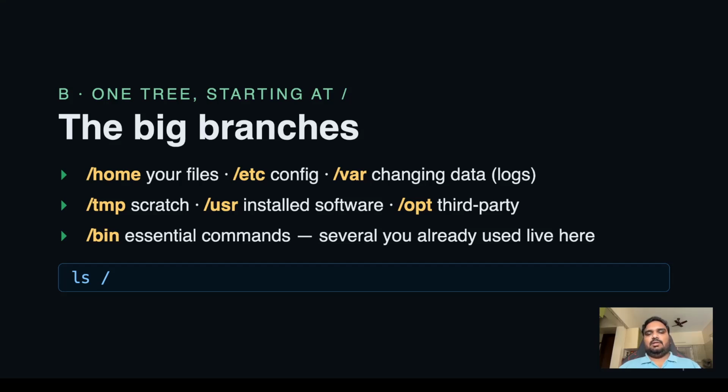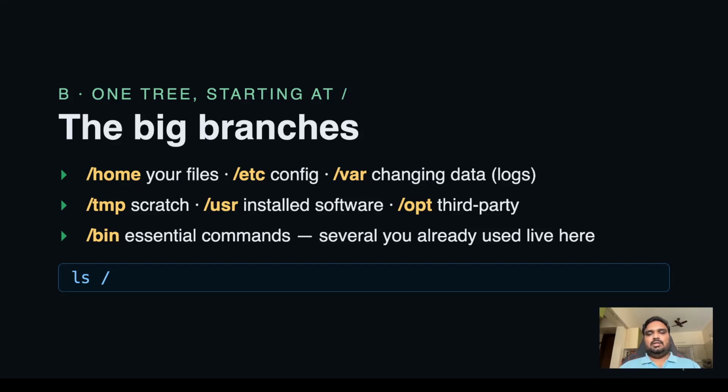In fact, several of yesterday's commands physically live there. You don't need to memorize this list today. Just notice the tree has a structure and every branch has its purpose. It will click whenever you actually do it.